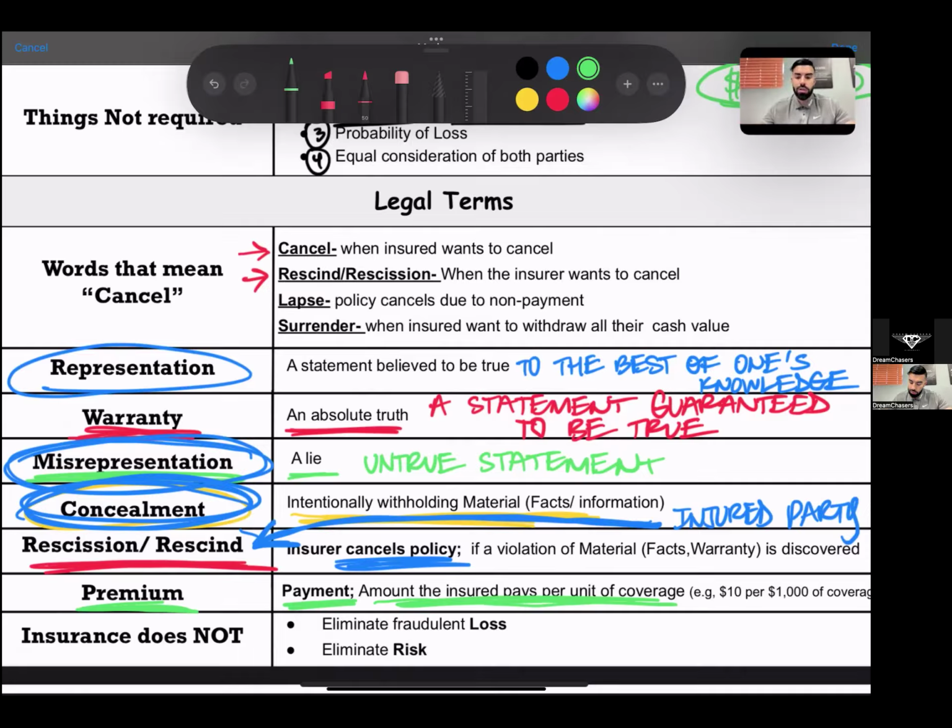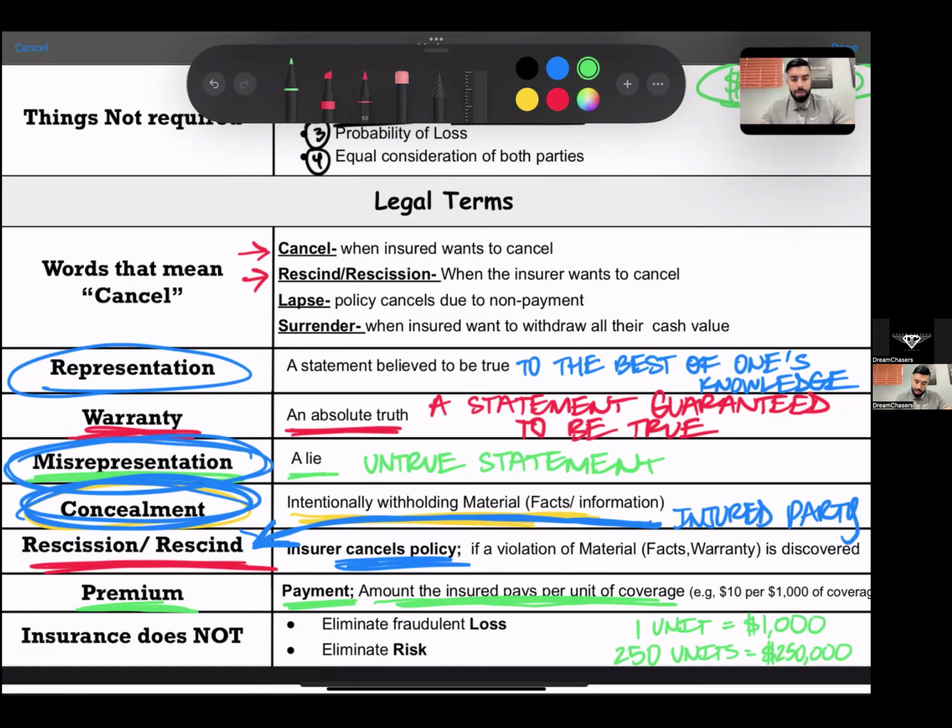In insurance, one unit equals $1,000 of coverage. So for example, if you're going to do 250 units, that means you're going to have $250,000 of coverage. And that is what they're going to use to calculate what your premium is going to be.